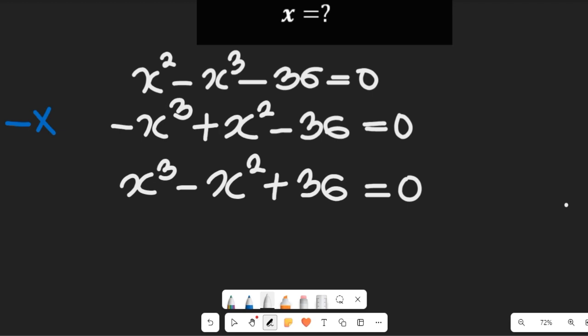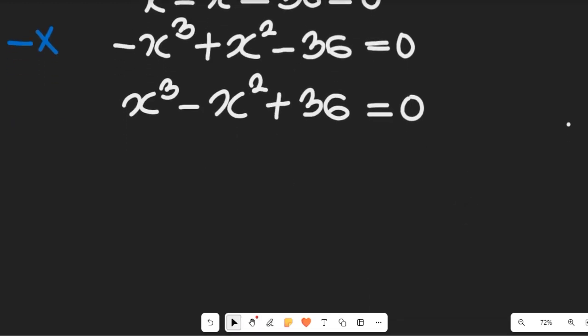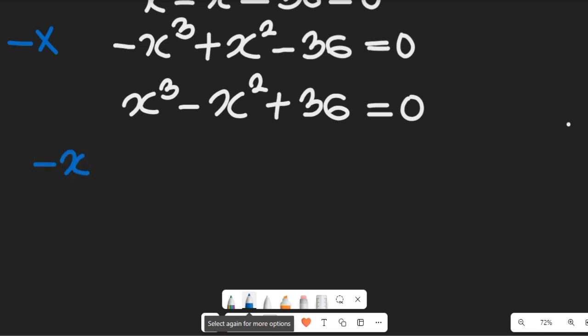Now let me take out this value of x to the power of 2. From this expression, negative x to the power of 2 can give me the expression positive 3x squared minus 4x squared.